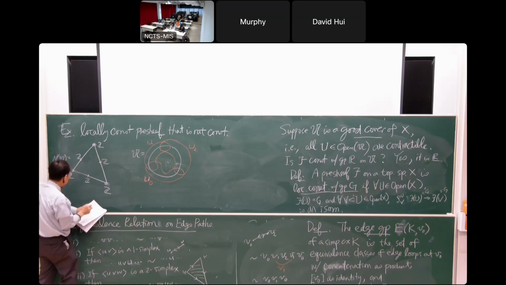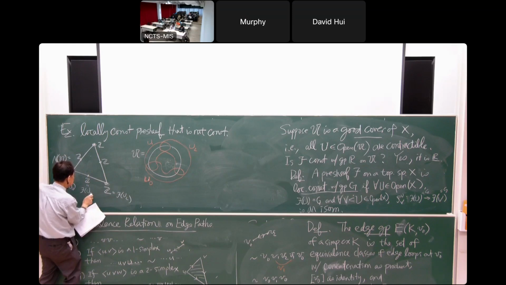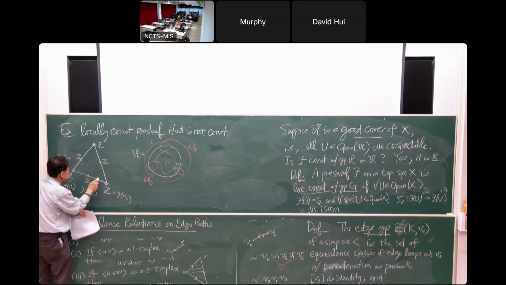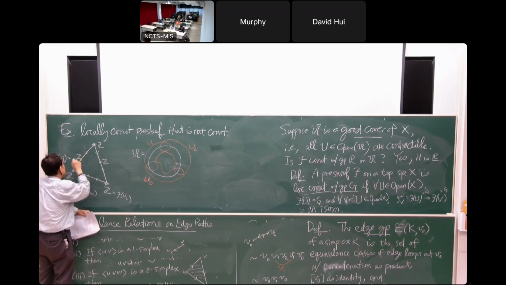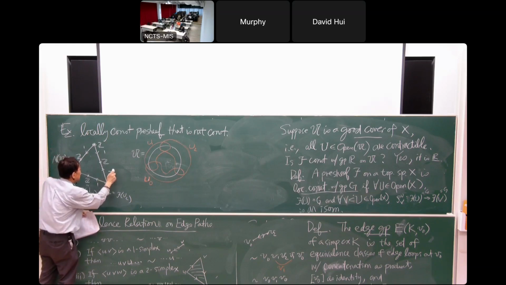So this is say F of U0 and this is F of U2 and this is F of U02. And so you have restrictions going this way. You can have these restrictions as identity, except for this one, make it -1.